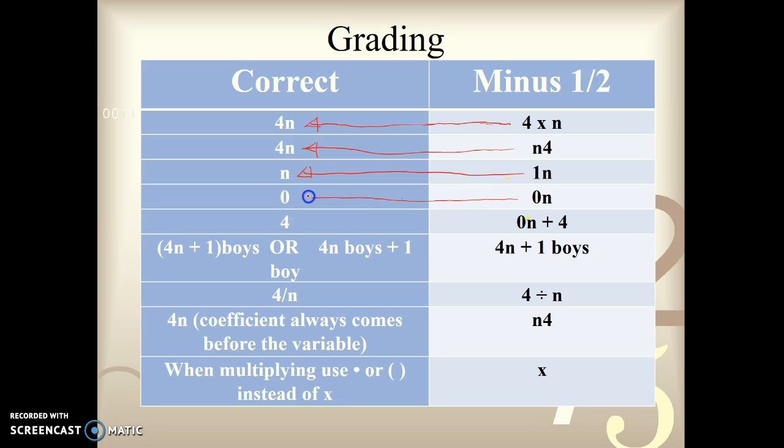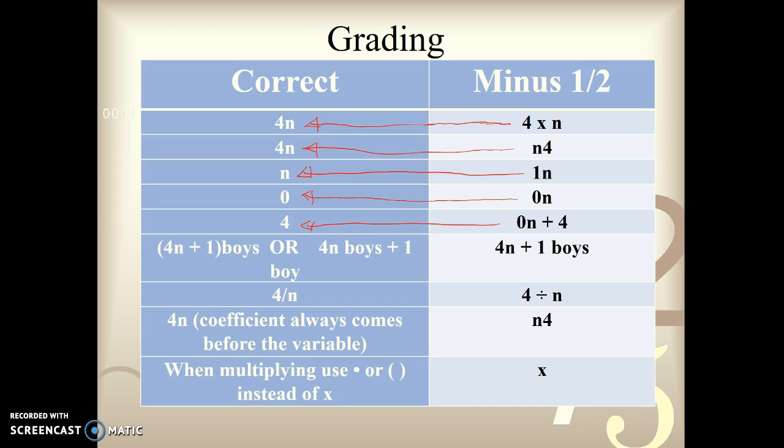We just write 0, because what is 0 times anything? It's 0, right, guys? So if you have 0 times a variable, it's just going to equal 0. So all you write is 0. Same thing if you have, say, 0n plus 4, well, you would just write 4 because 0n isn't worth anything. It has no value because it's just 0. So you're just going to write the 4 or whatever number you've got, okay?